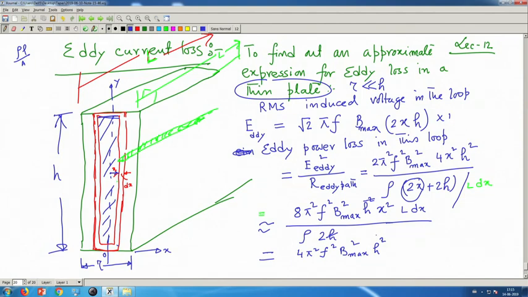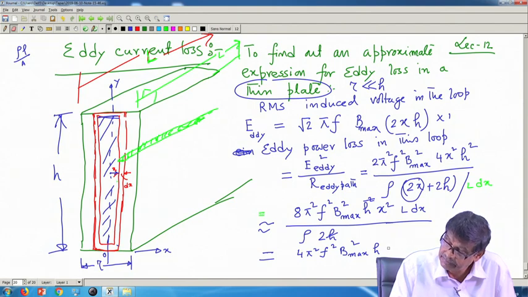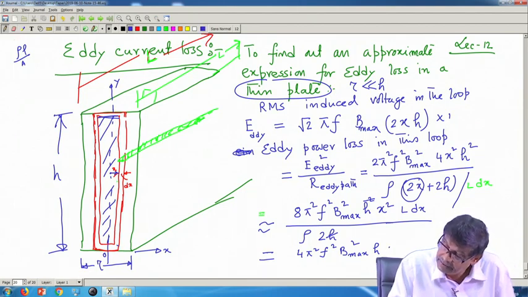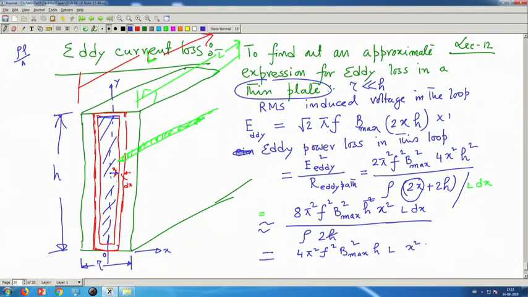So it becomes h and then x square into L dx.